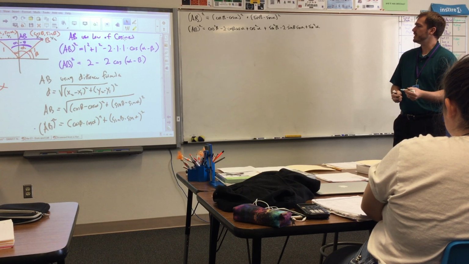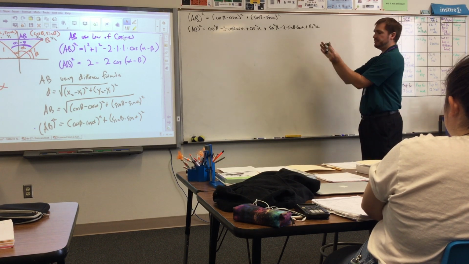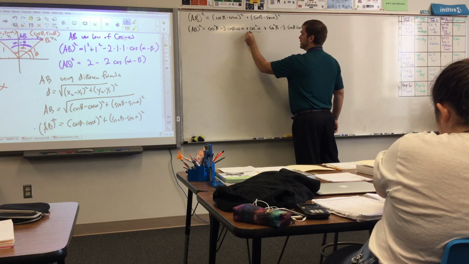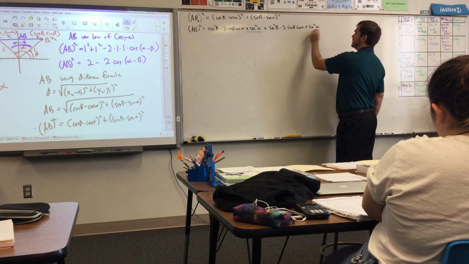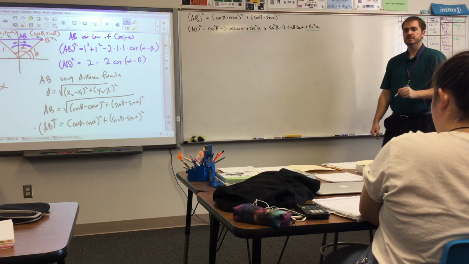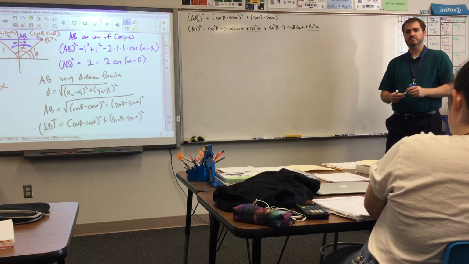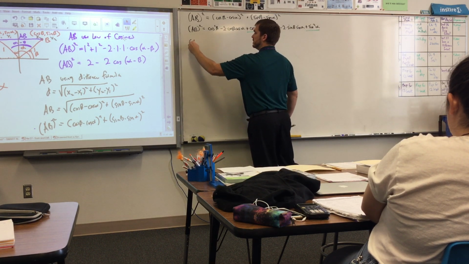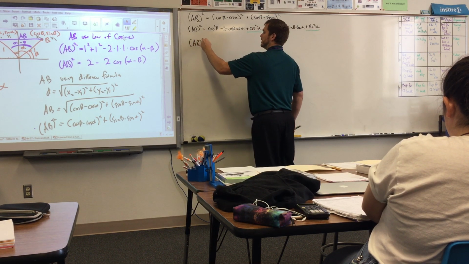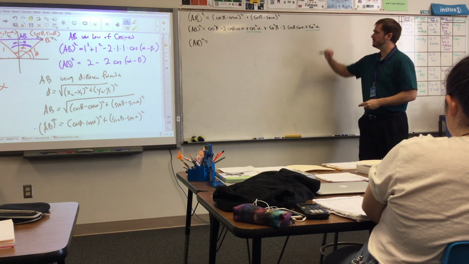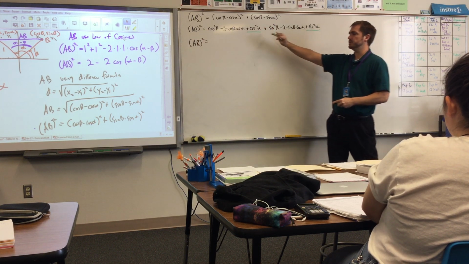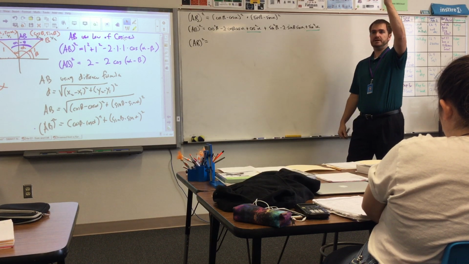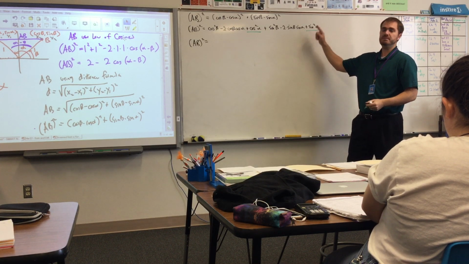So let's see here. We've got a couple of things that I don't feel like rearranging, so I'm just going to underline them in a slightly different color. Sine squared alpha plus cosine squared alpha. This is an identity that we learned yesterday. What was the name of that identity, John?